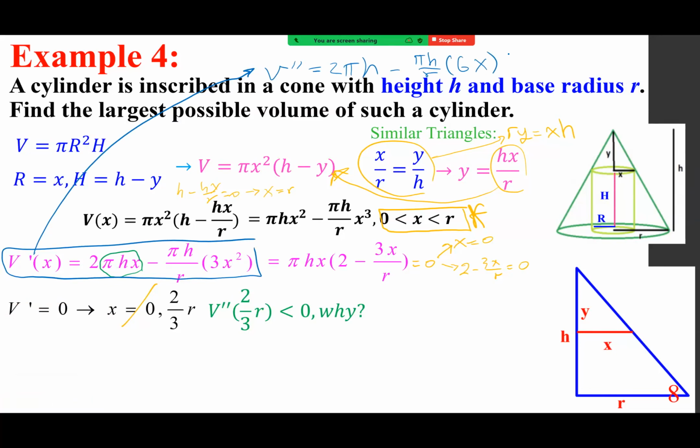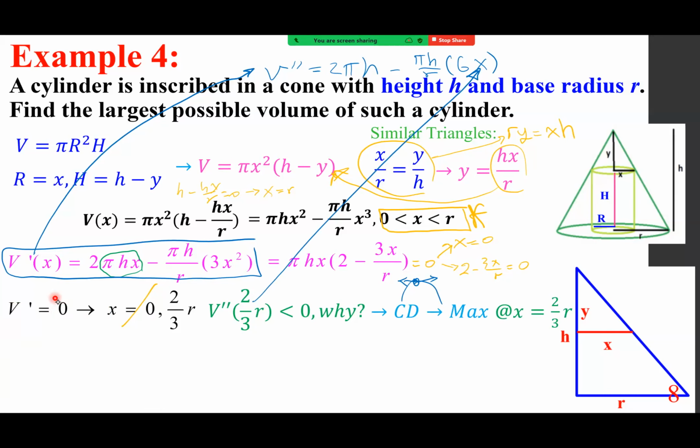Okay. And all you have to do is replace the x with 2/3 r, and you can see it's negative. I'm going to leave it for you to prove that. Negative means concave down and maximum. So concave down, looking like that. The maximum occurs at x equals 2/3 r.